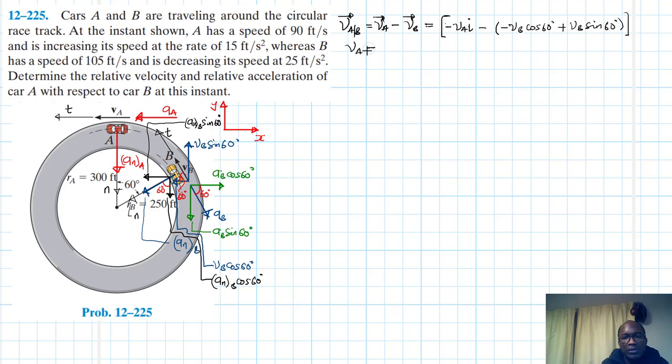We know that v_A is equal to 90 and v_B is equal to 105.